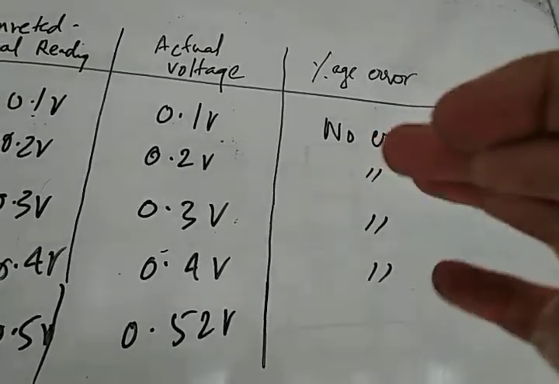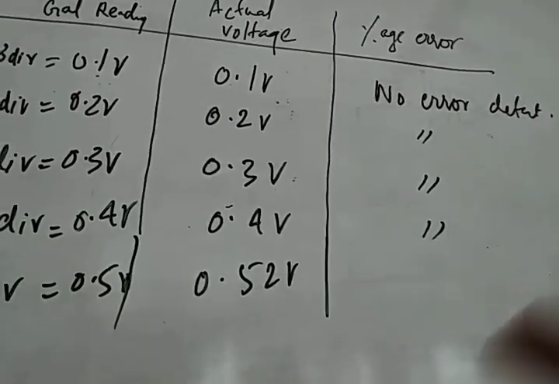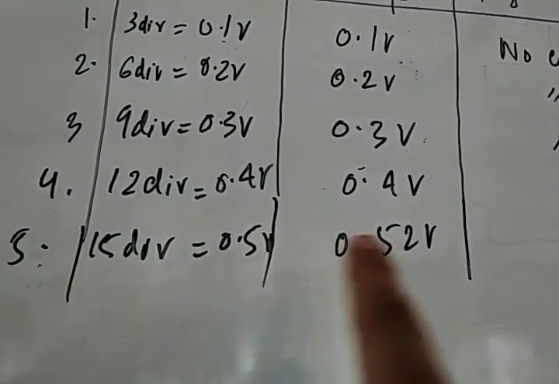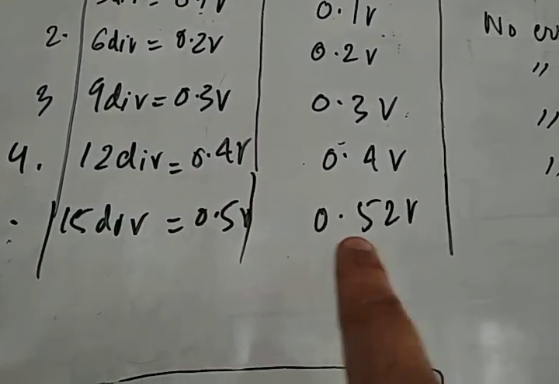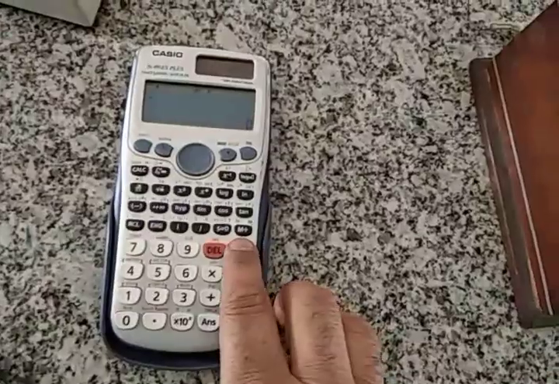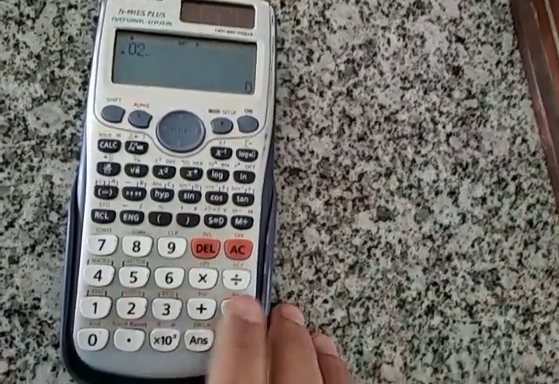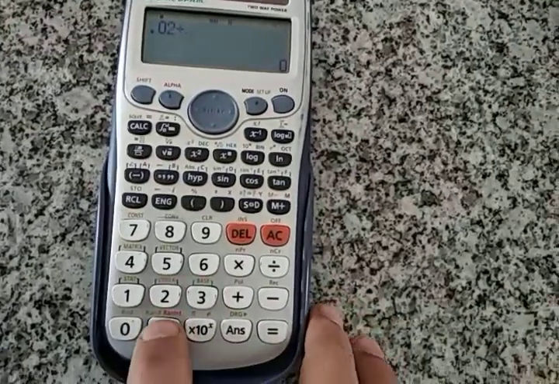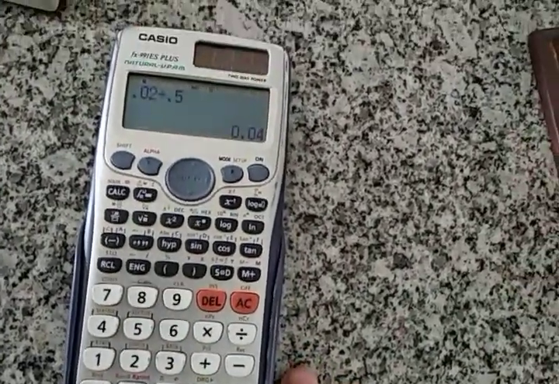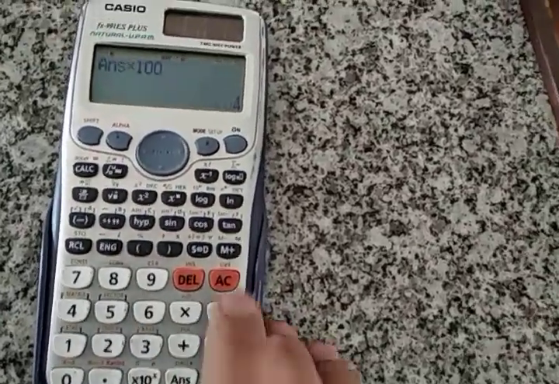But as you go on increasing the voltage, every volt has some error that accumulates, and here the error accumulates up to 0.52 volts for 0.5 volts. Let's see what the percentage error is. This is 0.02 extra divided by 0.5, so this is only 4%. We are only getting a 4% error.